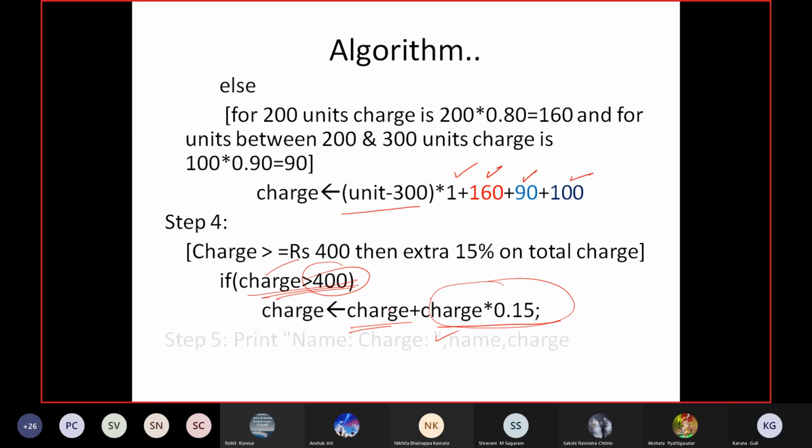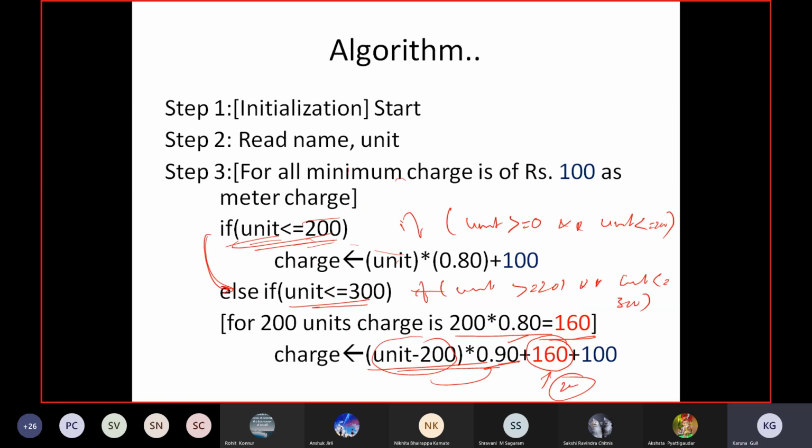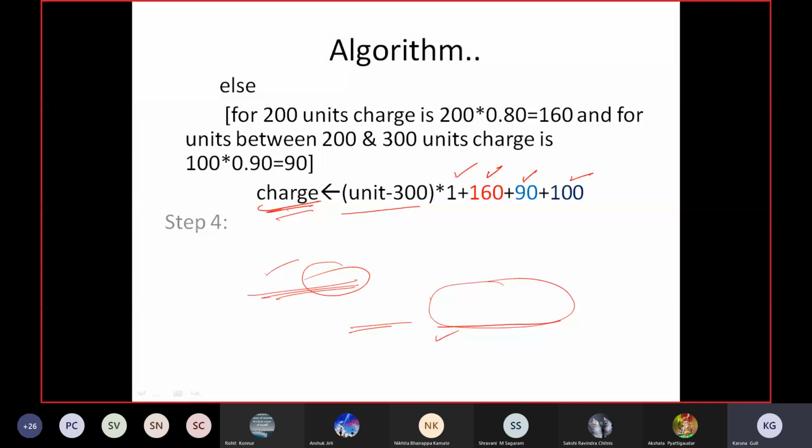Else, if it is not greater than 400 rupees, only the amount. Whatever charge you have calculated over here, that is the final amount. Maybe this charge or maybe this charge, because we really don't know how many units we have entered.